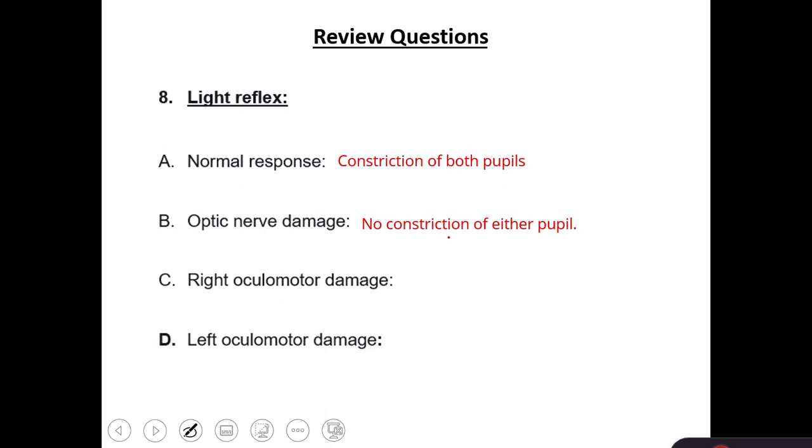When the right oculomotor nerve is damaged, then the right eye does not constrict. How about if the left oculomotor nerve is damaged? Then the left pupil doesn't constrict.